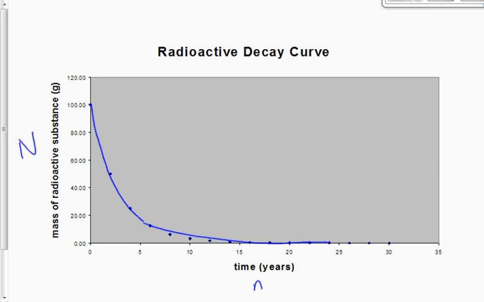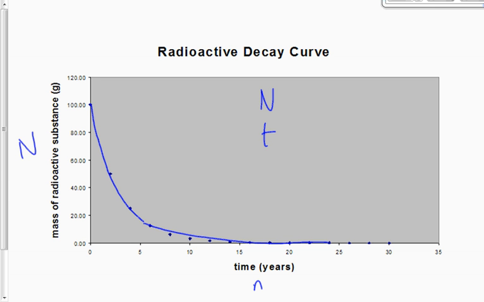The only things you're going to have to find from this graph are an amount, an n, or a time. If you want to find an n, you go up and over and read off the value on the y-axis that corresponds to whatever value of x you have. If you want to find a value of t, you do the exact opposite. You go over and down.